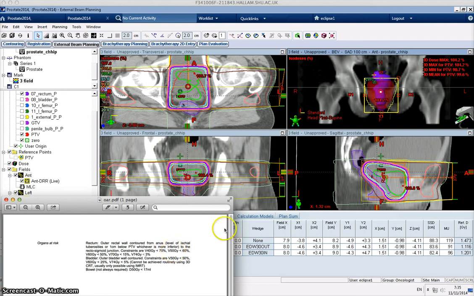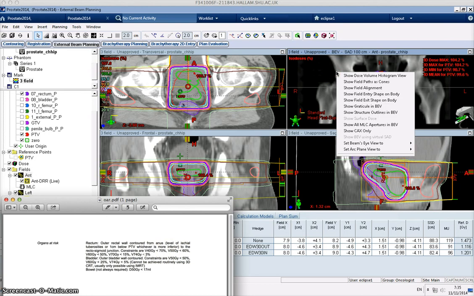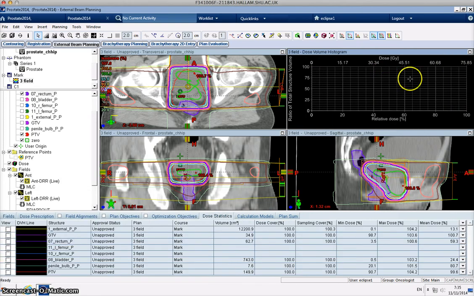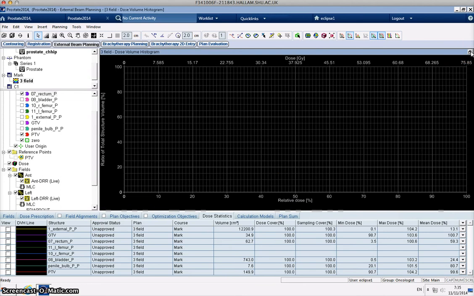We could roughly do that, I suppose, by putting the 40 Gy or the 50 Gy isodose on, but we want to be a bit more accurate than that. So we're going to use the dose volume histogram, or DVH. In the top right hand pane, right click, show dose volume histogram, and let's turn everything off for the moment and make that bigger.